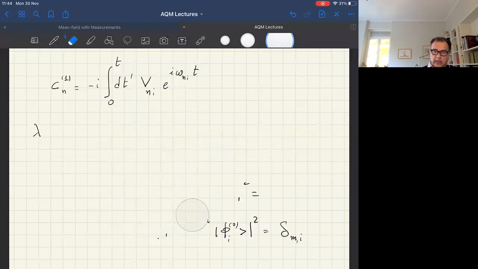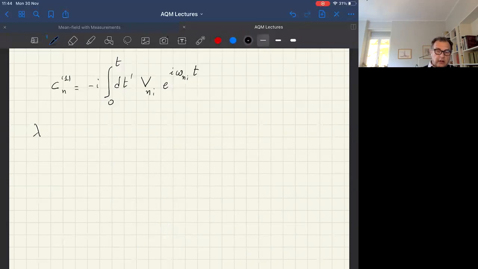So I want to answer the same question for lambda different from 0. Again, I just prepare the state psi at time equals 0 as phi 0 of I. And then I want to know the probability that the system is found in the state M at time t.